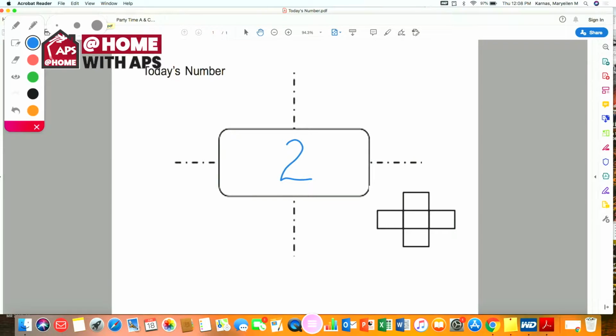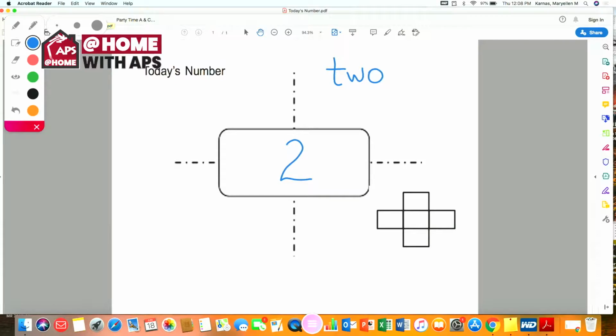Let's go ahead and write it in words because there's a few ways to write the word that sounds like 2. And when you're writing it as a number, you spell it T-W-O. That is the number word for 2. It's spelled a little differently than some of our other 2s.